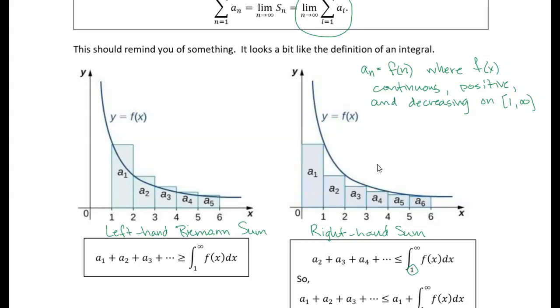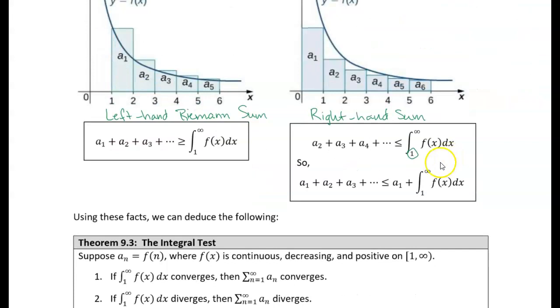But then if we just add a1 to both sides, we get the complete series on the left-hand side. We can use that to determine whether a series converges or not, because if this integral converges, then the series converges. You can see that we've got bounds on the series now.